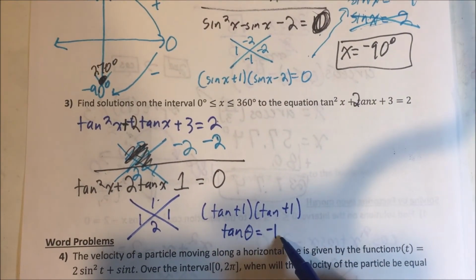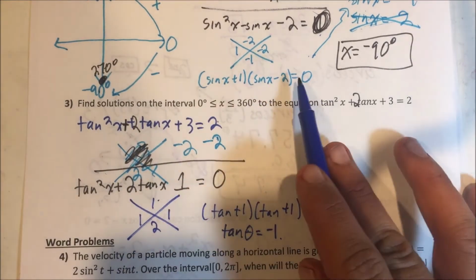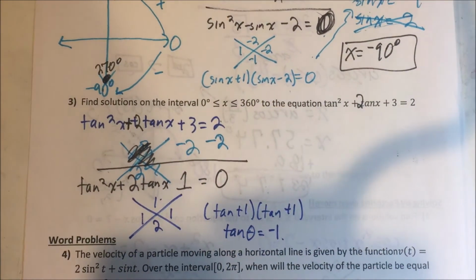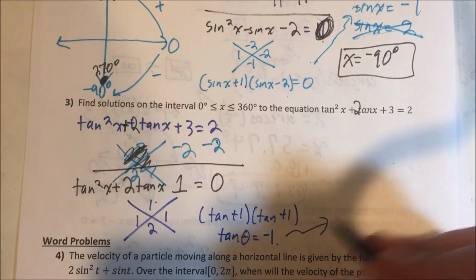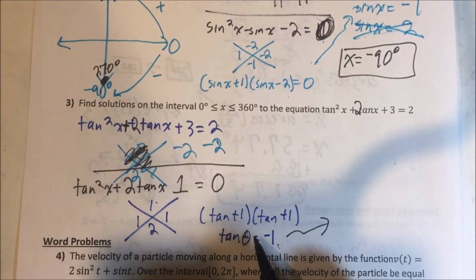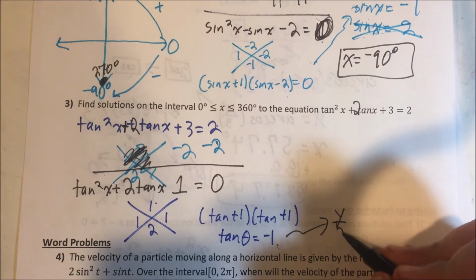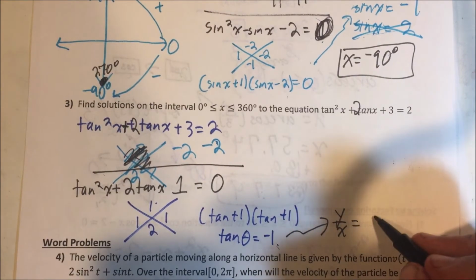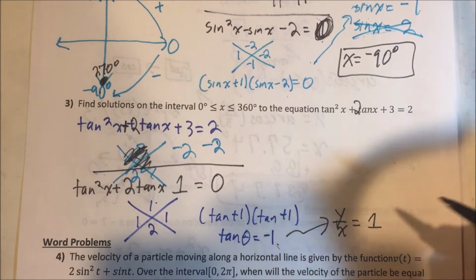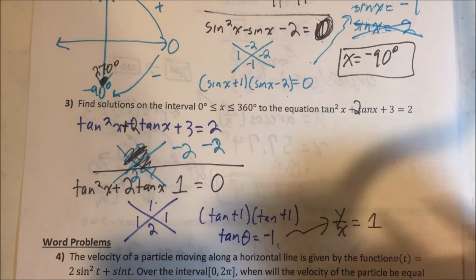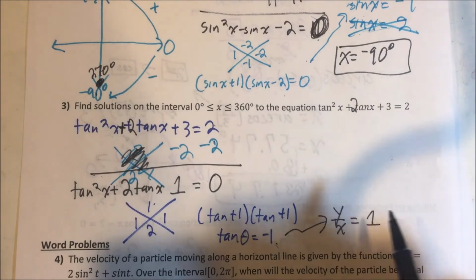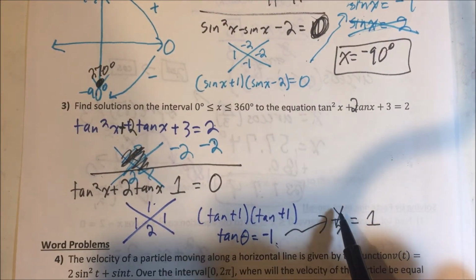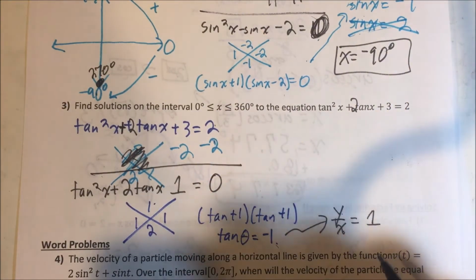So what angle would make tangent -1? Well, that's a bit harder question than sine or cosine, but it's not out of reach. Because again, in our trigonometric part, we learned that tangent is y over x. So if y over x is 1, basically that means that both y and x are the same thing, right? Anything with the same thing over the same thing will always be 1. So we want to look for a place where y and x are the same, right?